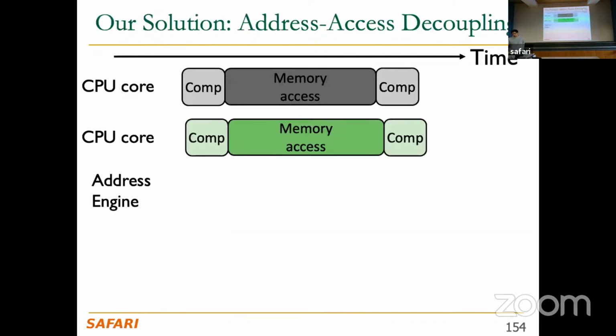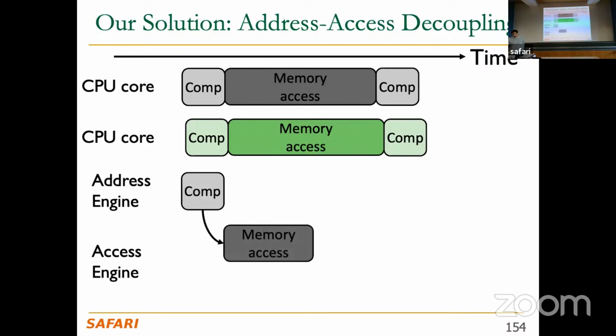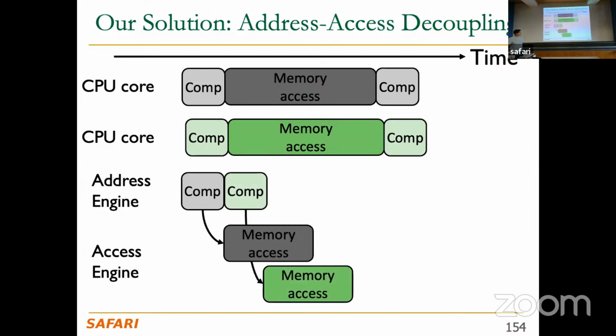So the idea is to decouple the address calculation and the access to memory such that we have two engines, or the accelerator has two parts. In the first engine, address engine, we obtain the address that needs to be read from memory, and then we send that address to the access engine that takes care of the access.